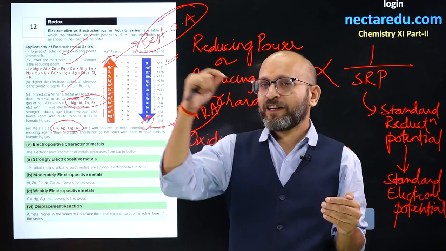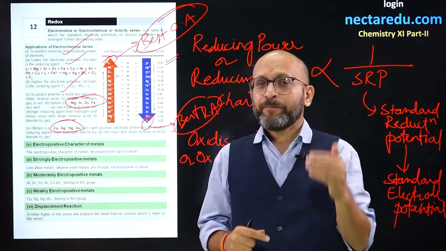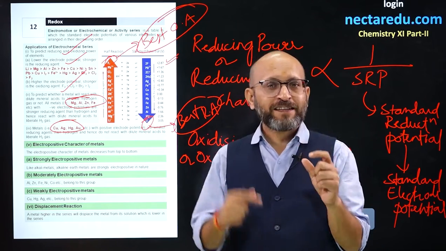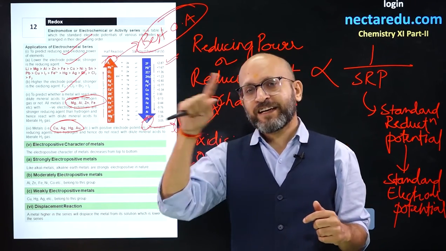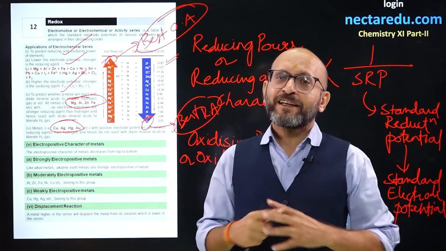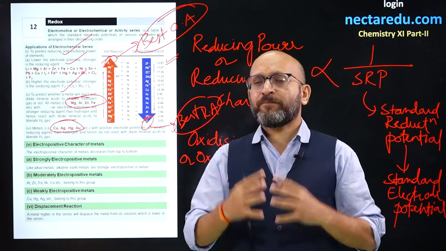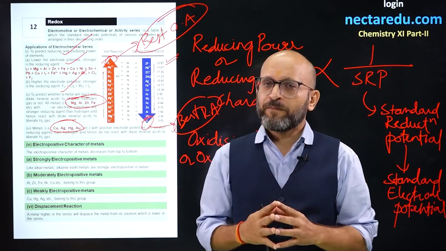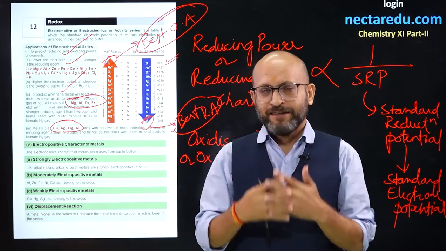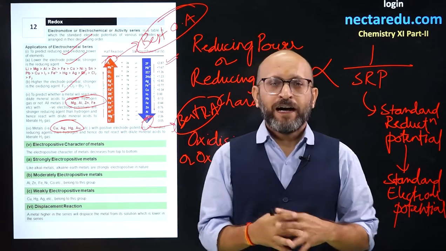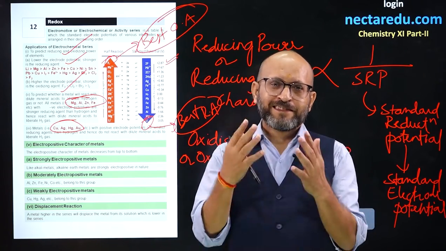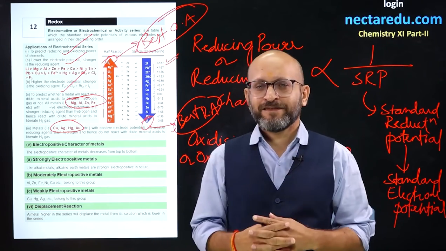The metal having higher electrode potential will form the cathode and the metal having lower electrode potential will form the anode. So copper is taken as cathode, and zinc as anode. There are multiple uses of the electrochemical series, and we will talk about more applications as we move ahead. Thank you so much.